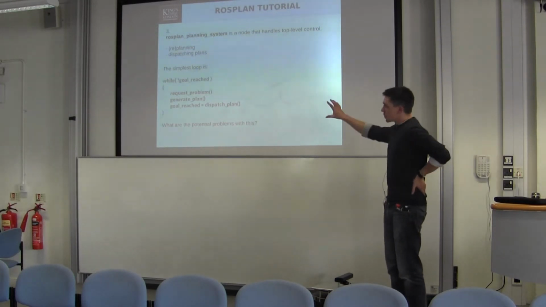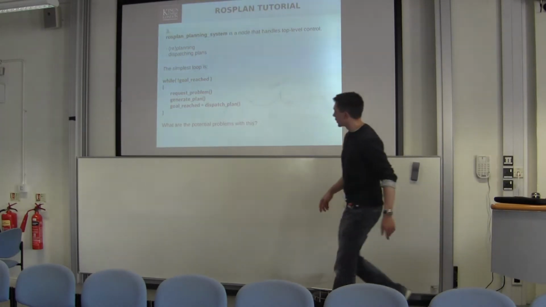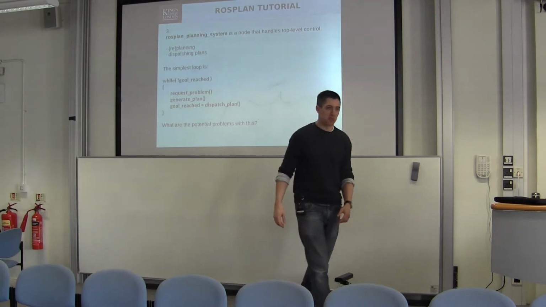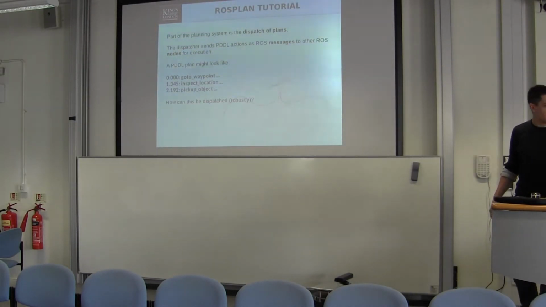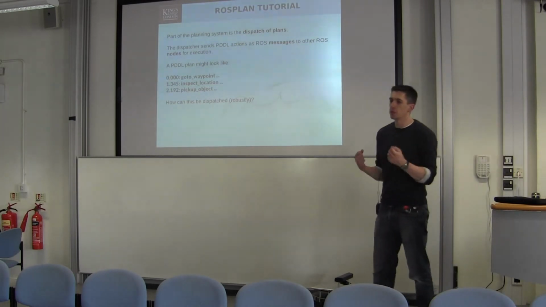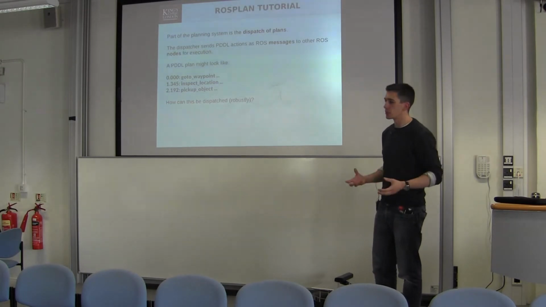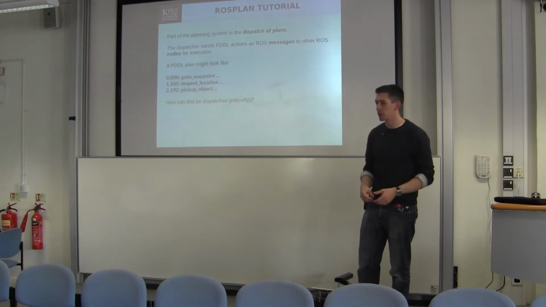So that's a bit simple, and we'll return to that later. But let's look first at how you dispatch the plan, because that's more interesting to me at the moment. We know what the output has to be, because it has to be in terms of ROS messages that are understandable to these nodes that are actually performing the execution of the actions.